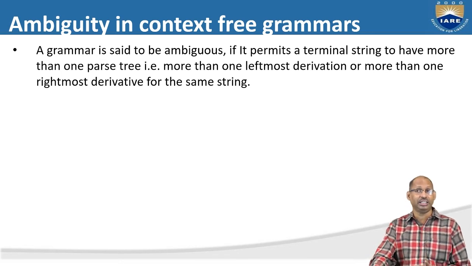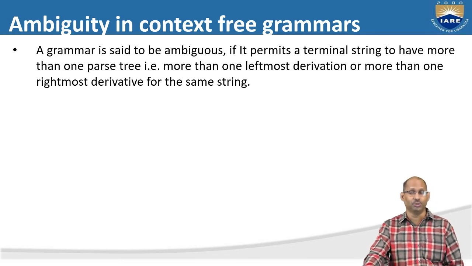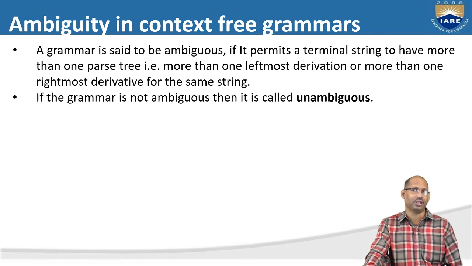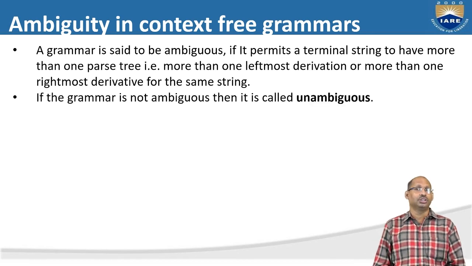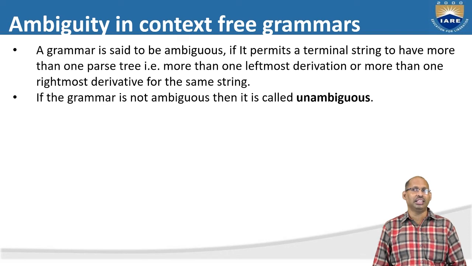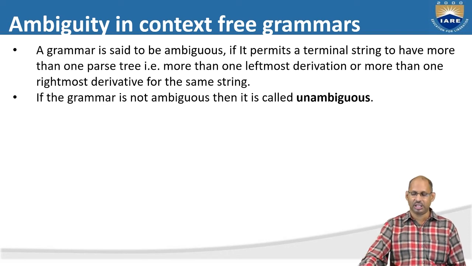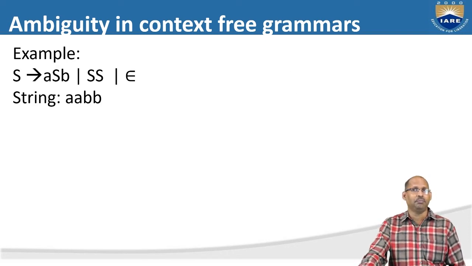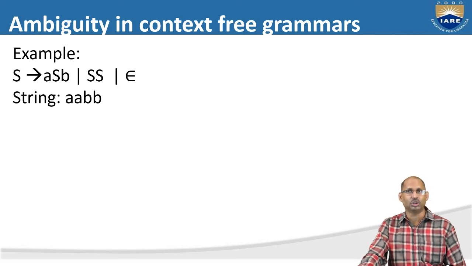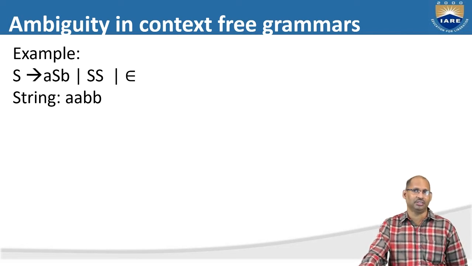Then we say the grammar is ambiguous. If the grammar is not ambiguous, then it is called an unambiguous grammar. To apply the parse trees, the grammar must be unambiguous. Now we'll check whether this grammar is ambiguous or not.